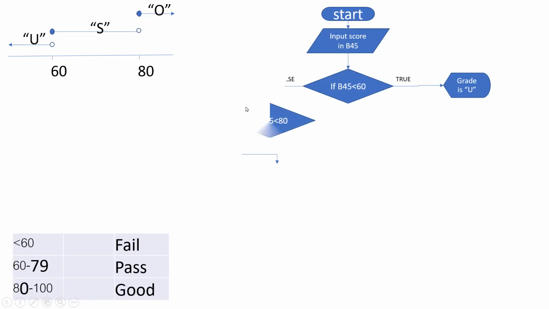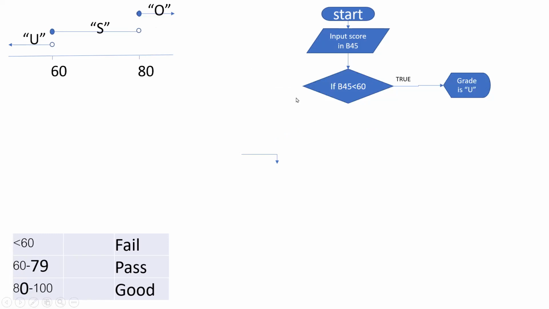Now we branch to the false. If it's false, you can see that you cannot stop checking. You have to still check on it because right now we still have 2 more possible grades to be checked.